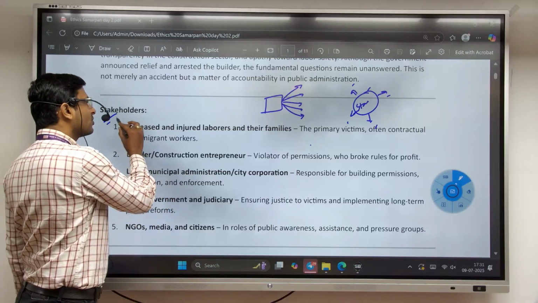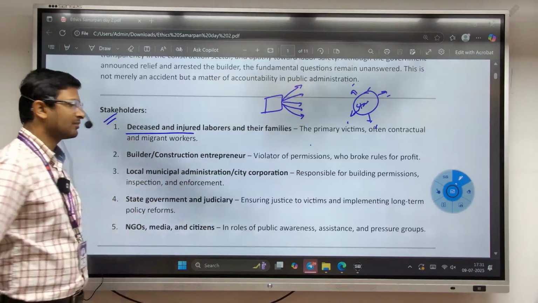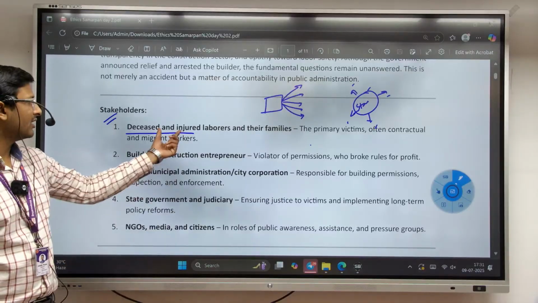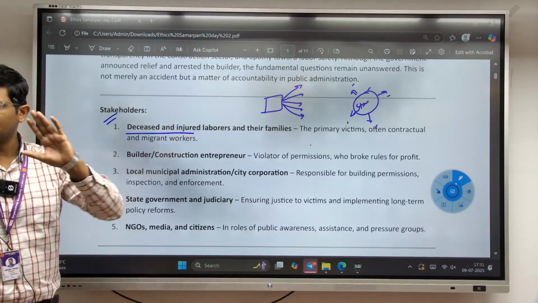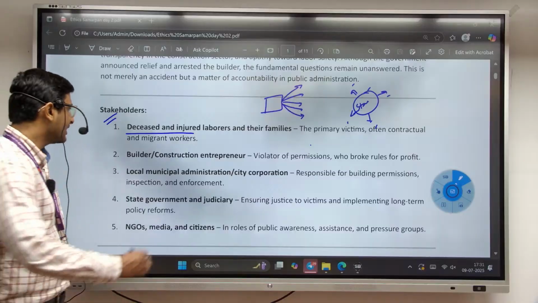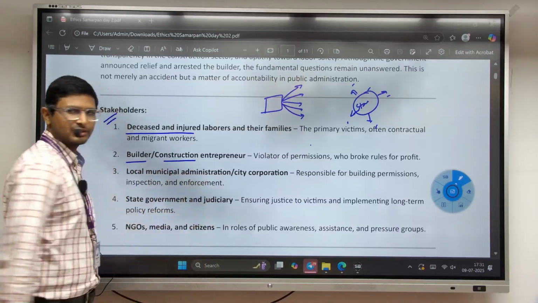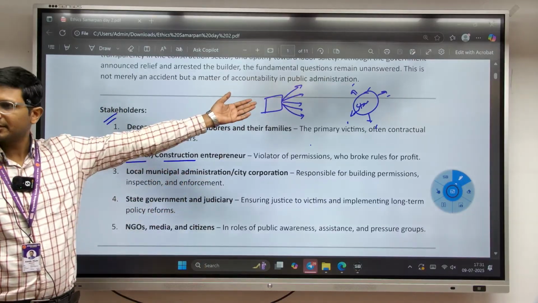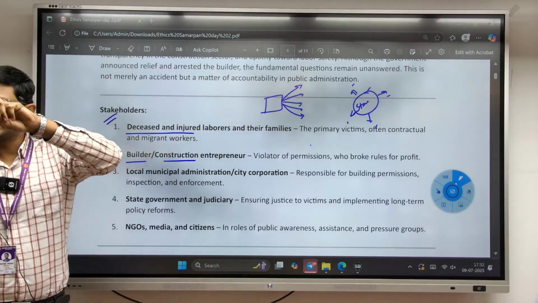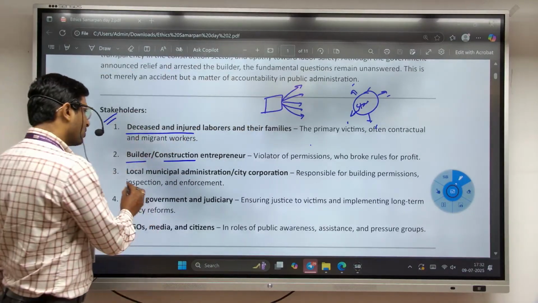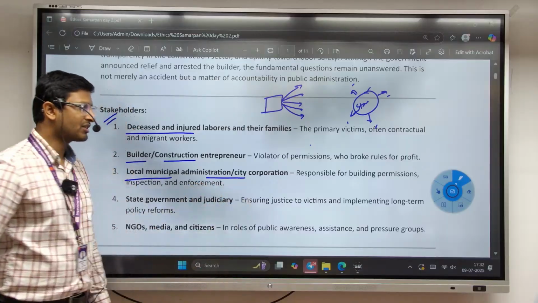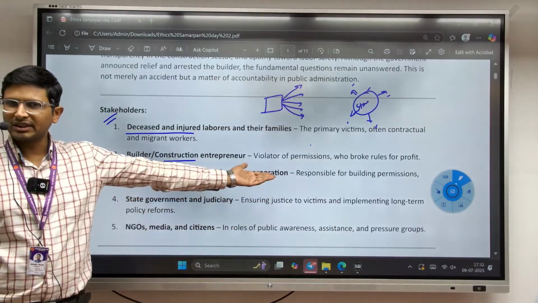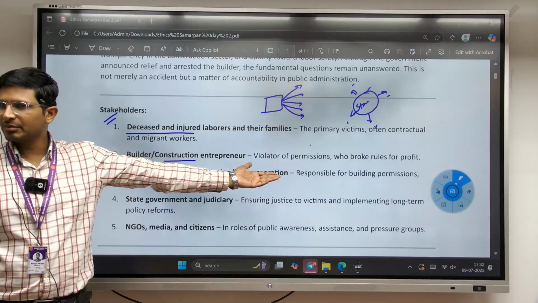So who are the stakeholders here? First, we know the laborers, the deceased and injured laborers and their families, the main stakeholders. Second are the builder, the construction entrepreneurs, because we know they are arrested. Third, the local municipal administration, city corporations, who had the responsibility to give building permission.